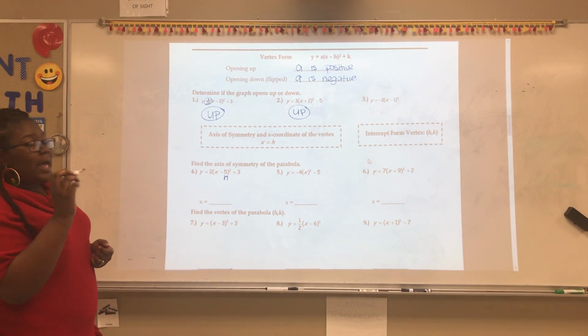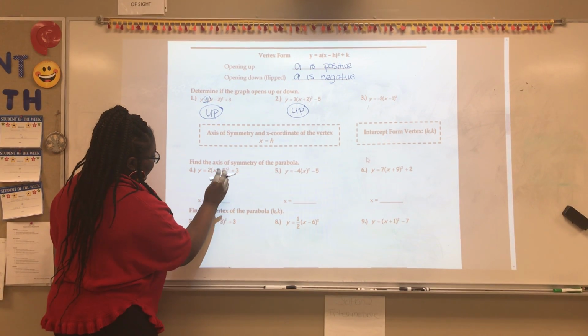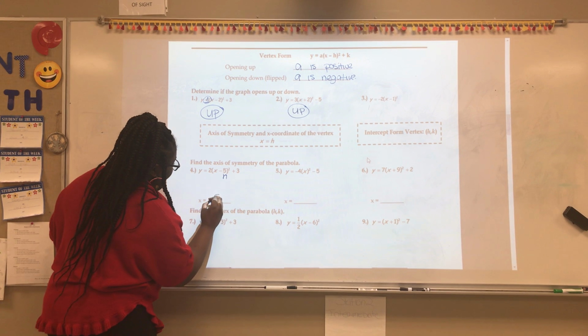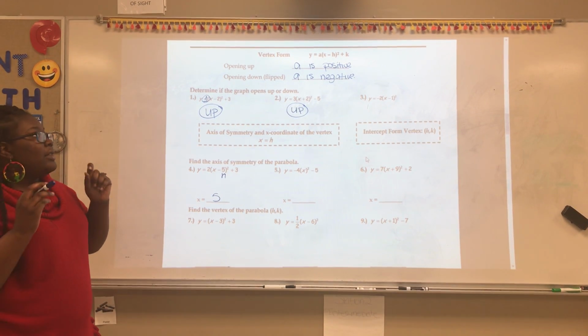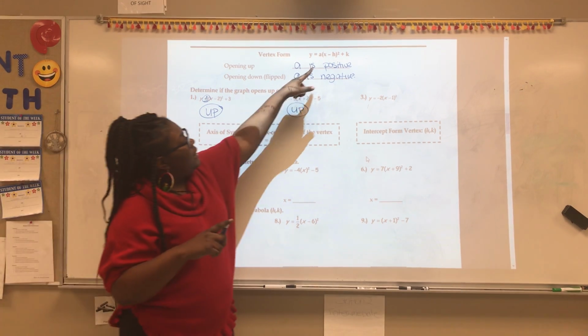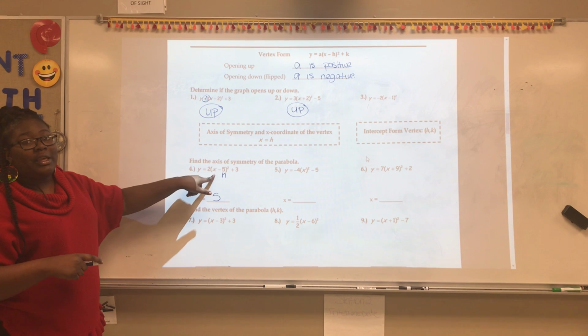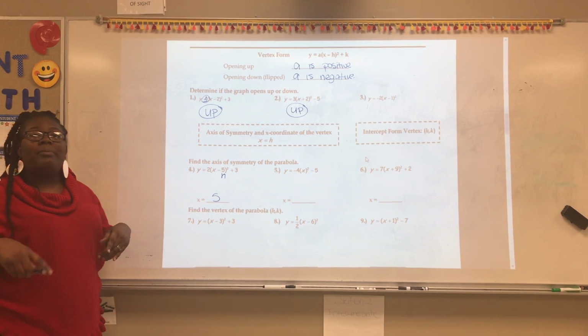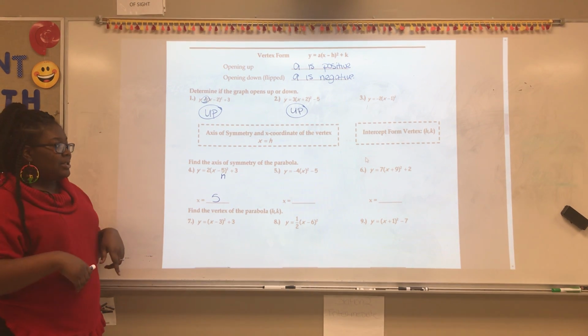So if I want to know what my axis of symmetry is, then I'm going to label h as 5, and then 5 must be my axis of symmetry. Now notice that the general form is negative. So if you ever come across a number that is positive within the parentheses, that means that it's actually a negative number, because 2 negatives make it positive.